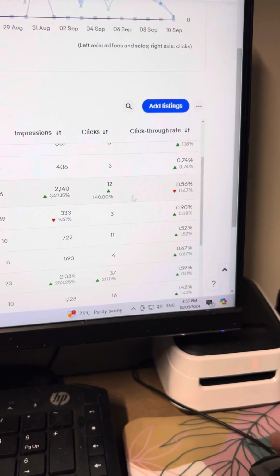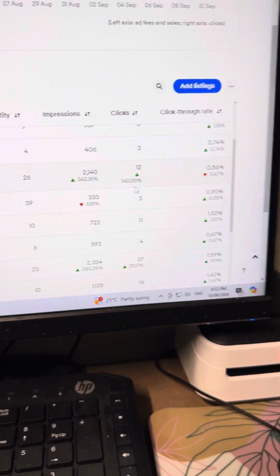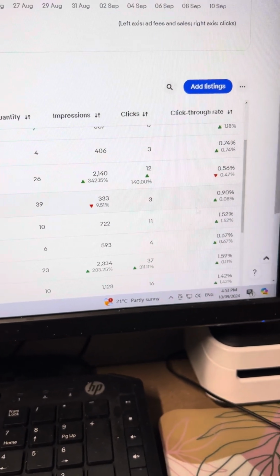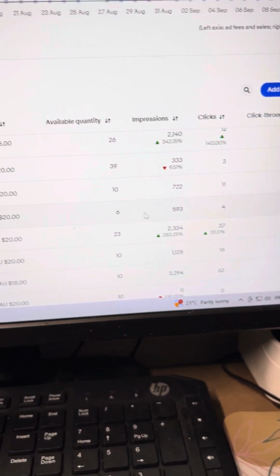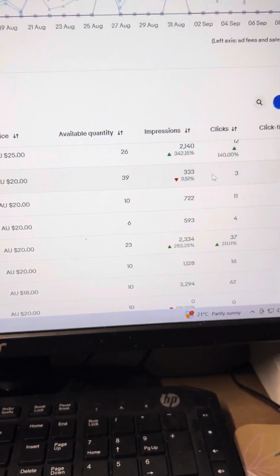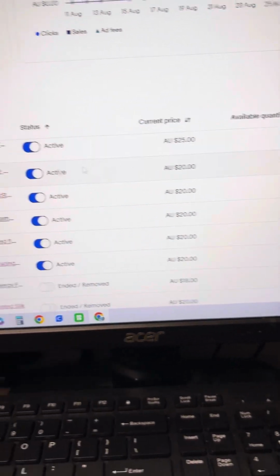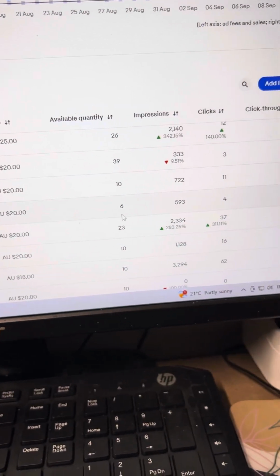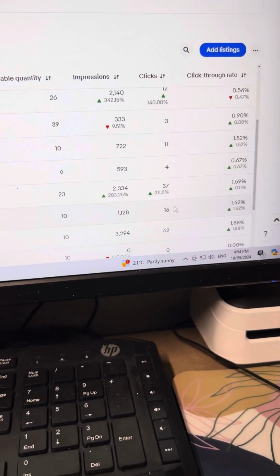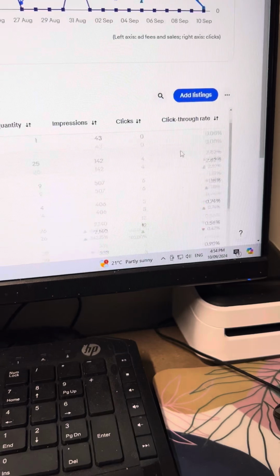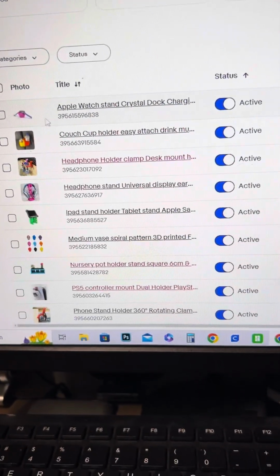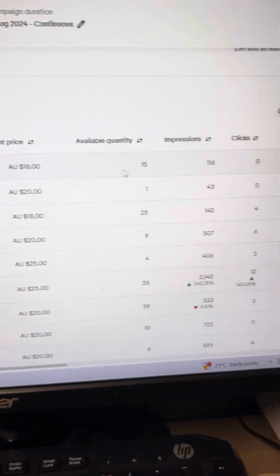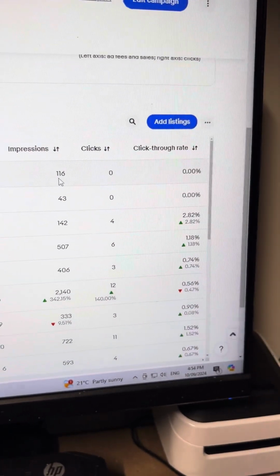And then you can come down and figure out your click-through rate, what it was from the last month, what it is right now, how many impressions you got, the current price, and sort of figure out if it's going to be worth it. So especially this one here, the Apple Watch holder, if I come over and I see my price, $18, so it's a good price, 15 available.